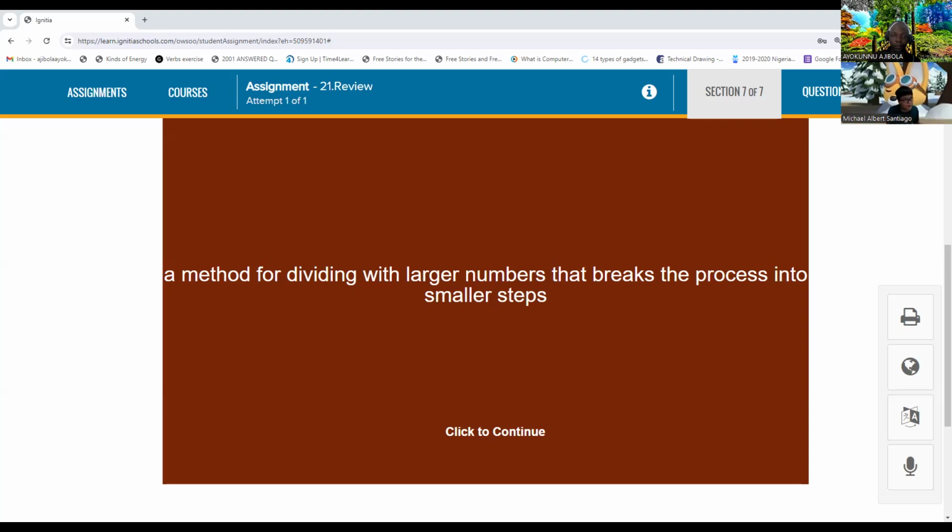A method for dividing with larger numbers that breaks the process into smaller steps. And what is that called?